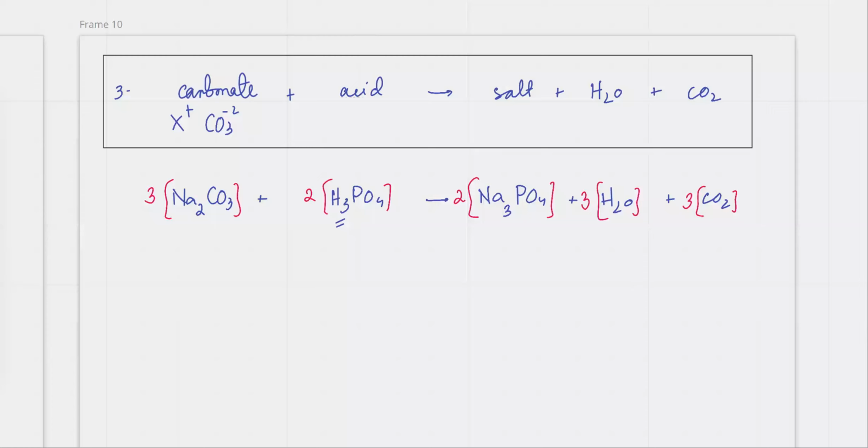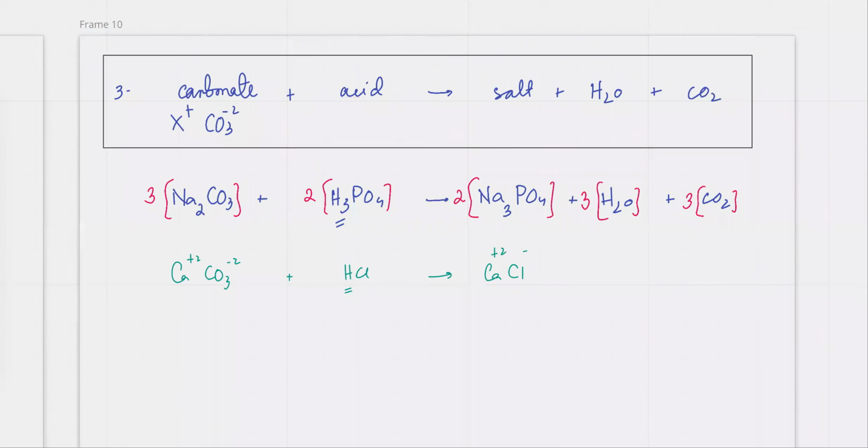Okay, so now let's do more of these. Let's take calcium carbonate. Calcium is +2, group 2, carbonate is -2. Reacted with, let's say, HCl, hydrochloric acid. So it's going to produce salt, get rid of the H, put calcium in its place. It would be calcium and Cl.